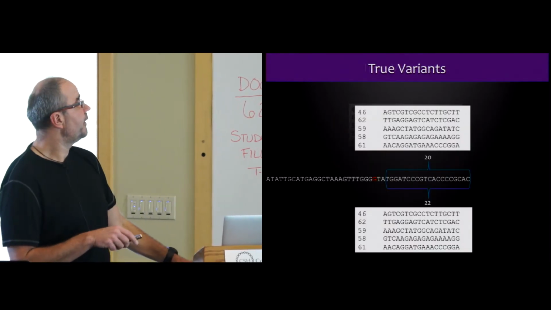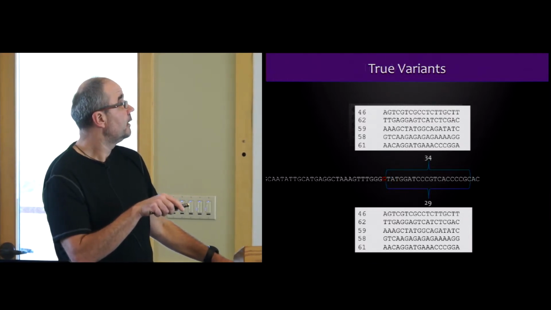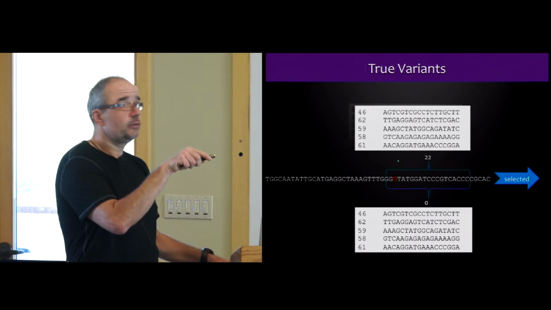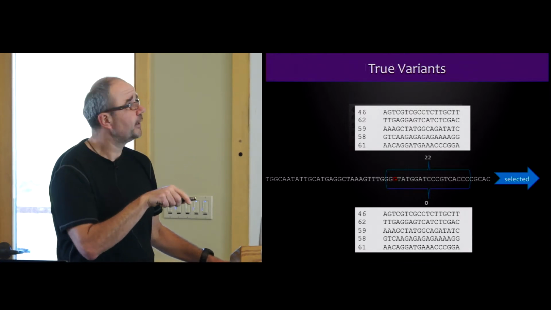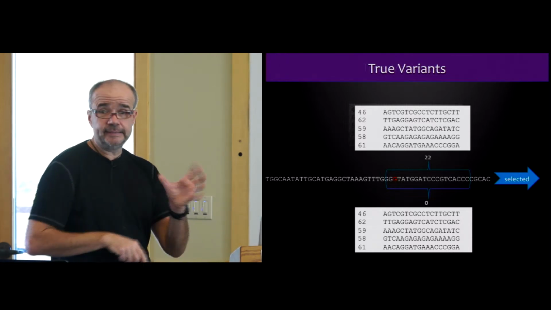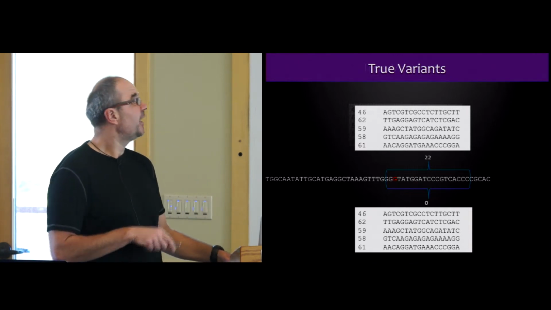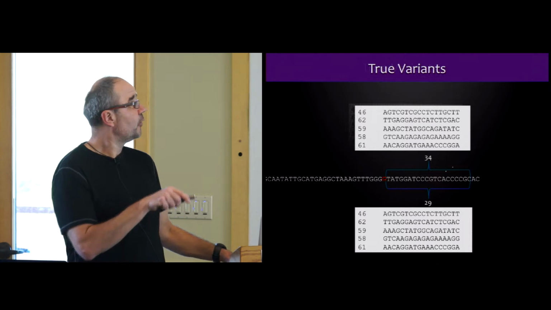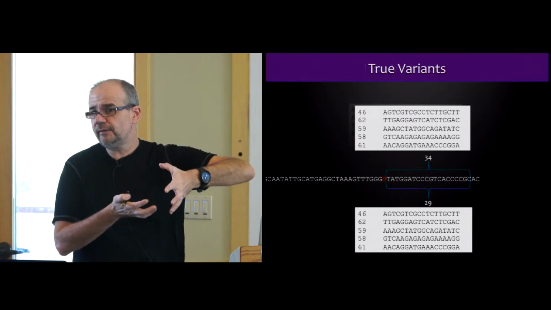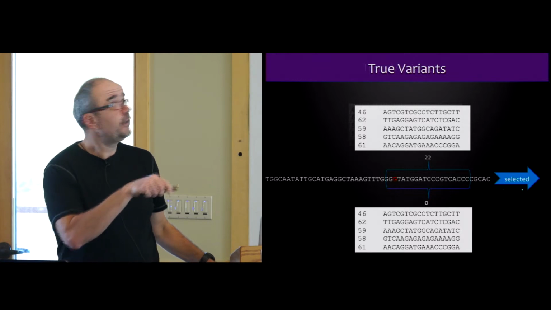The way you identify true variants is you look for situations where one particular k-mer, this one here, is present 22 times in one and 0 times in the other, or a very small number of times in the other. So this is DNA that's unique to one sample and not present in the other. These ones before were present in approximately the same representation in both samples, so they're really shared between the two. This allows you to zero in on things that are unique to one sample or the other.